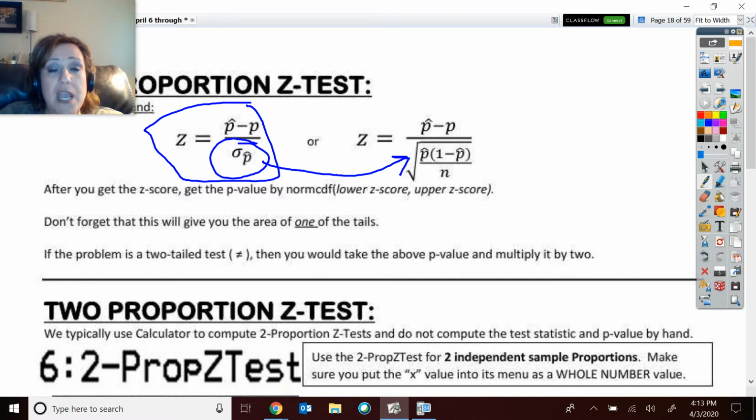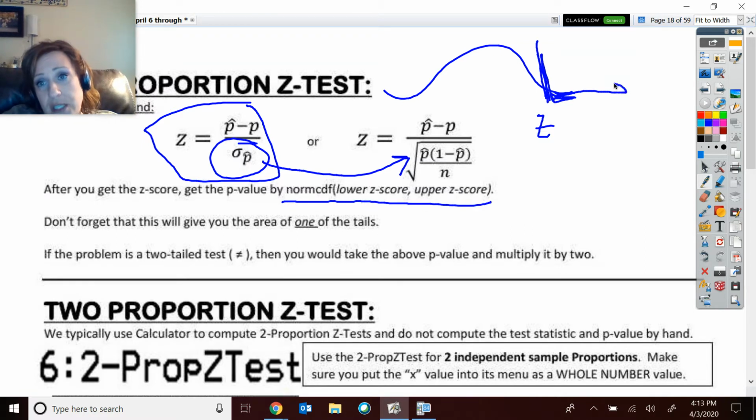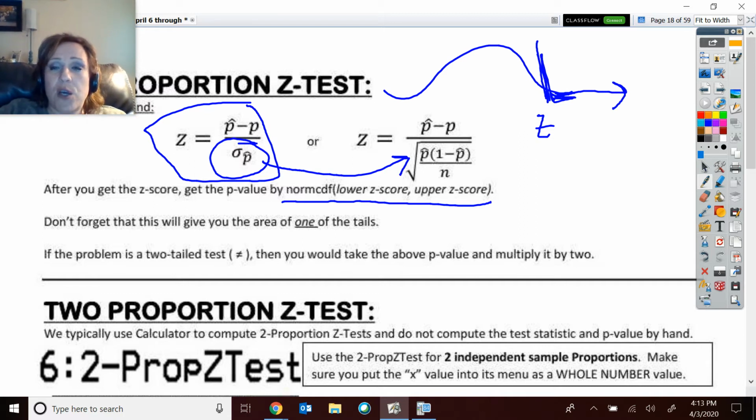All right. So once you get that z-score, to get the p-value, you then compute your normal CDF from that z-score to the other z-score. So we know if we're going up, you're going from z to positive infinity, and down is going to be the opposite of that. Now, one thing to note if you're doing this by hand is that this is just giving you the area of one tail.